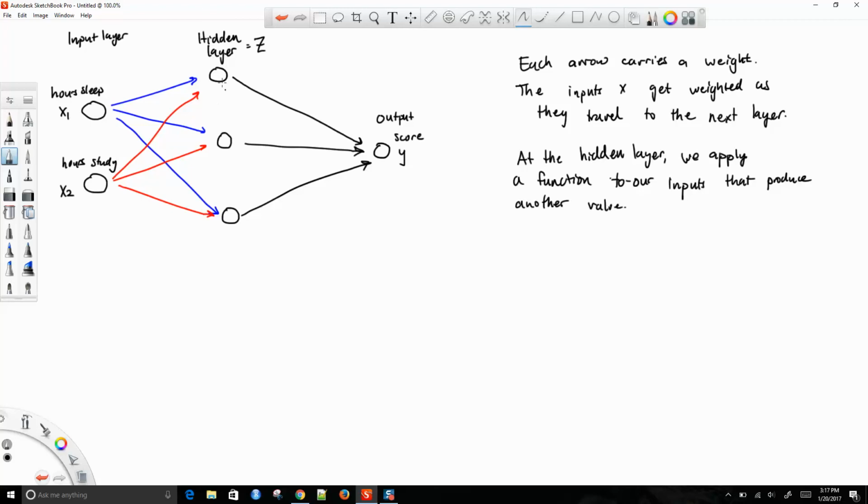That function is called the activation function. Basically, if we just take a look at one of these nodes, right here, I'm going to copy this.